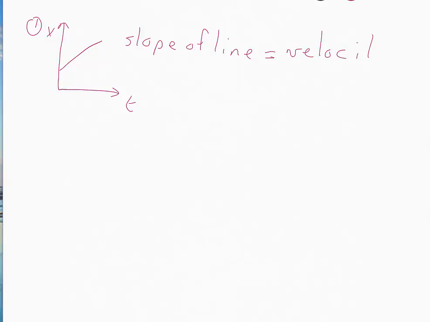First of all, if we have a position time graph, the slope of the line is equal to the velocity. So we know that v is delta x over delta t.